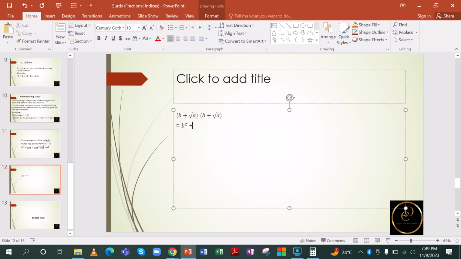You have this B here, I'm going to put here B, multiplied by the square root of A. So you are multiplying this one.